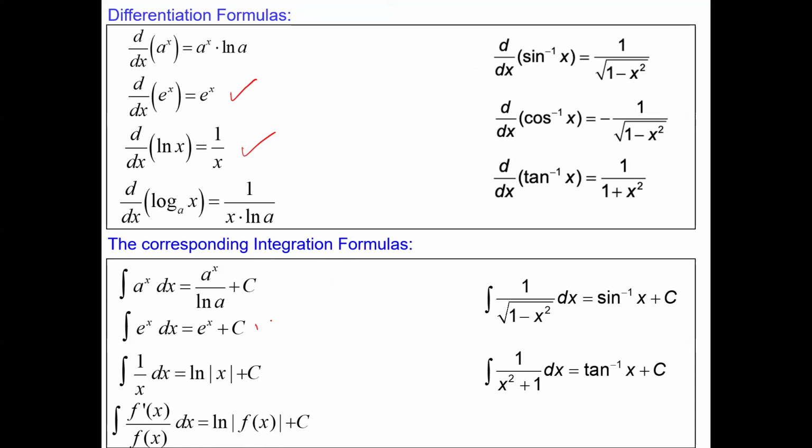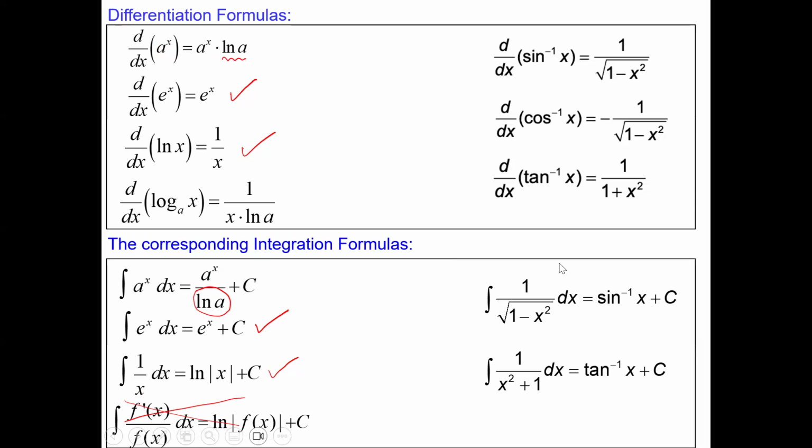We know the integral of e to the x, we know the integral of 1 over x dx, but please note the general exponential function, a to the x. The derivative involves the constant, so we have to divide by this constant for the antiderivative. And maybe this one is too early. It will be later.